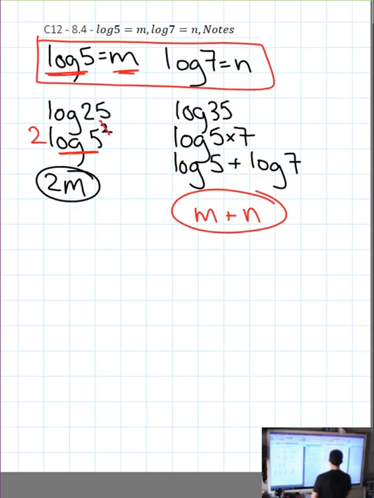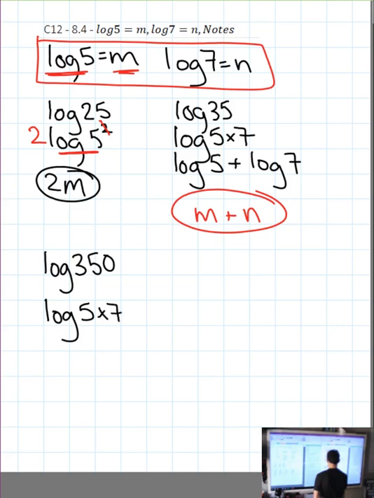Let's take a look at log of 350. Well, that is log of 5 times 7 times 10. Now, why is that good?